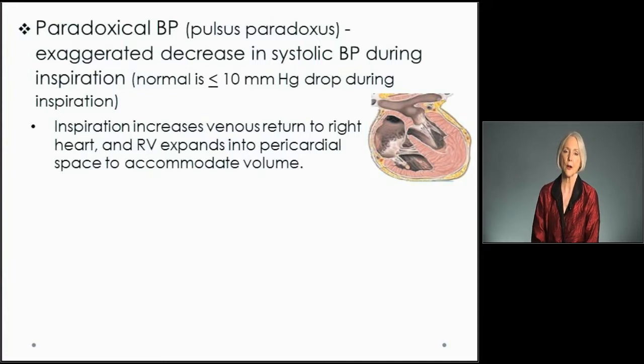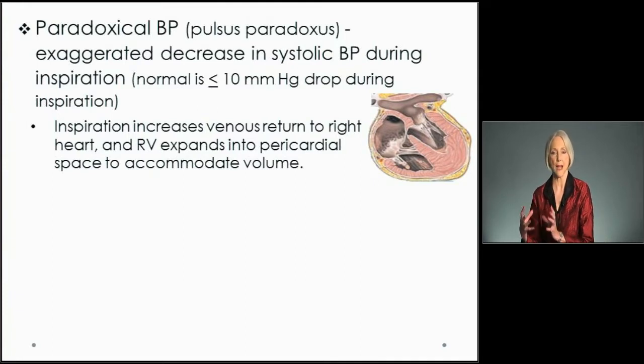And the reason for that is because inspiration increases venous return to the right side of the heart. And the way the right heart is going to accommodate that increased volume is to expand into the pericardial space and get bigger. If the right ventricle is able to dilate to accommodate that blood volume, then it will accommodate the volume without an increase in pressure.